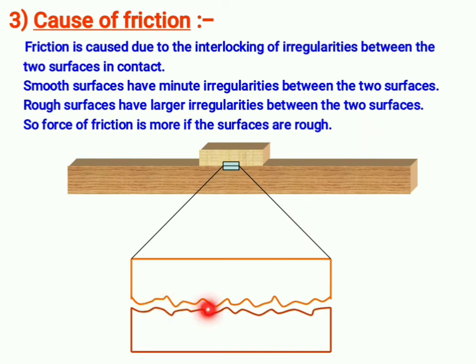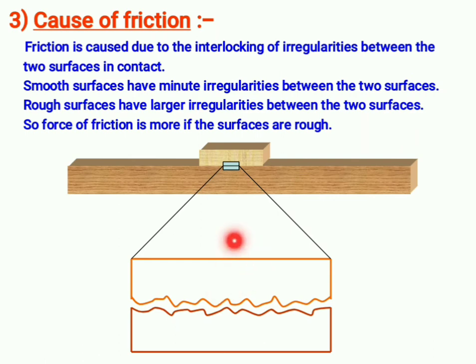So see here, these are the irregularities. Both the surfaces have irregularities. So if these irregularities lock each other, what will happen? It is very difficult for us to push the object. If the lock is not locked properly, we can easily push the objects. And when does this lock get interlocked tightly?